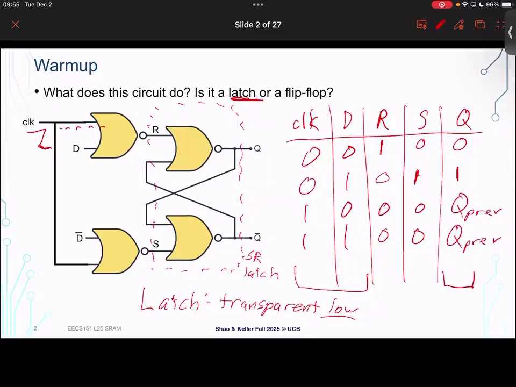Then the path would be through one NOR gate and then a second NOR gate. So it'd be two NOR delays. The details depend on how they're sized, of course, but you could analyze that to figure out the delay. And it's pretty short. It's just two combinational gate stages.